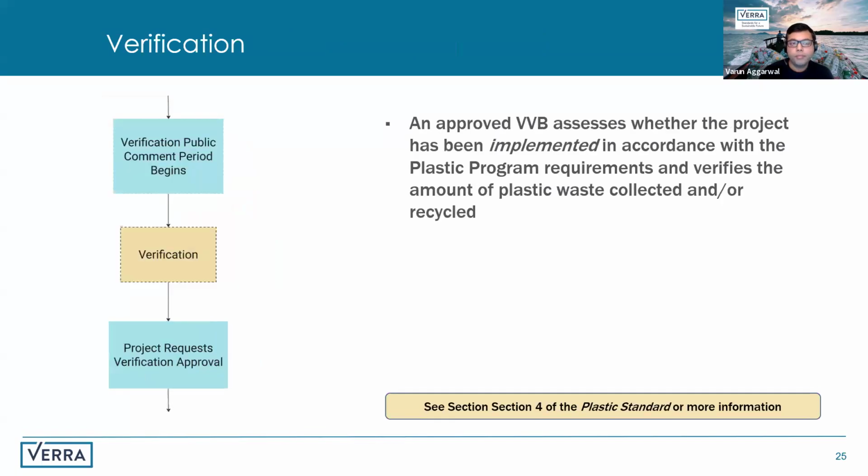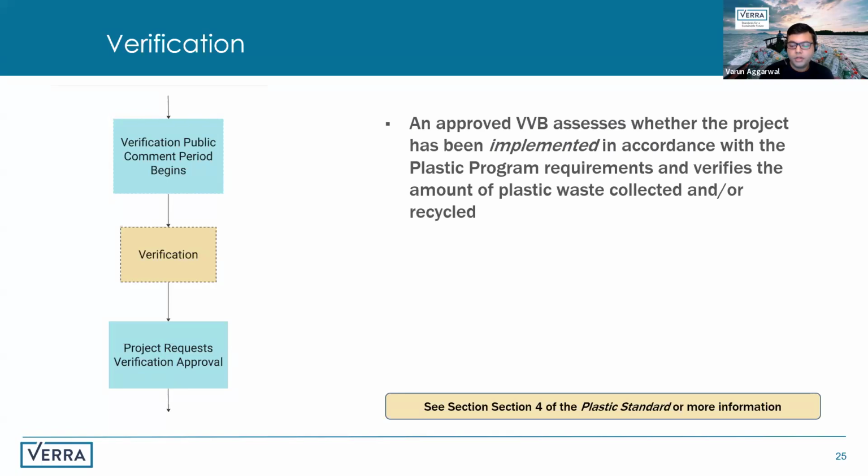Now, in the verification, similar to validation, the VVB is required to assess whether the project has been implemented in accordance with all the plastic program requirements. And here it also confirms that the monitoring plan is being adhered to, verifies the quantities, reviews all the evidence related to collection and recycling, and all the other various checks that are required.